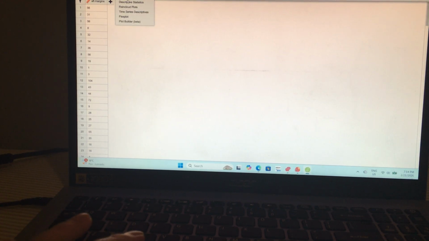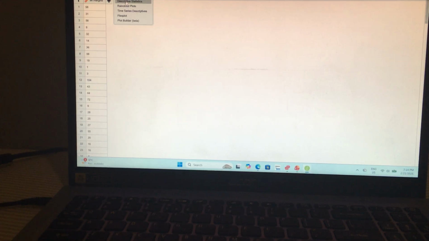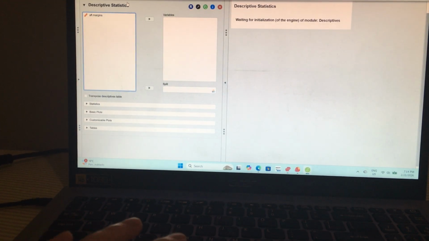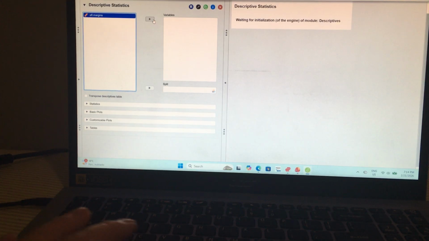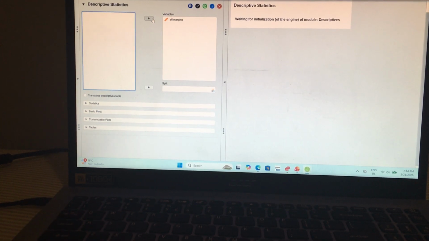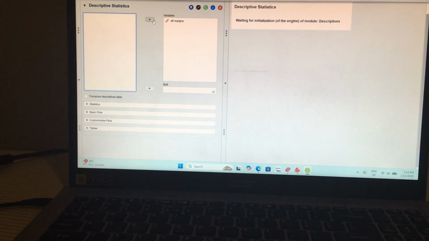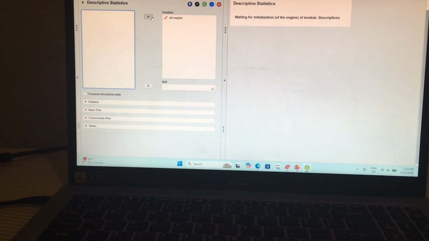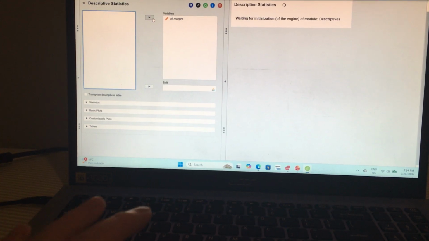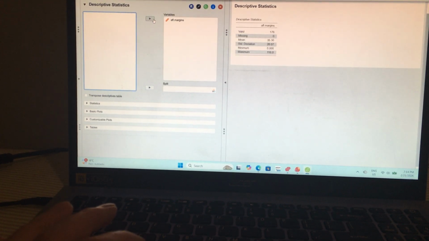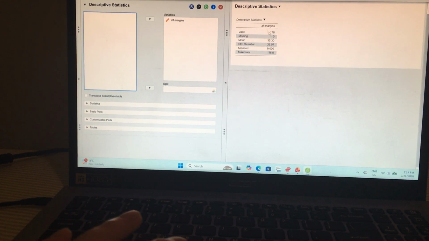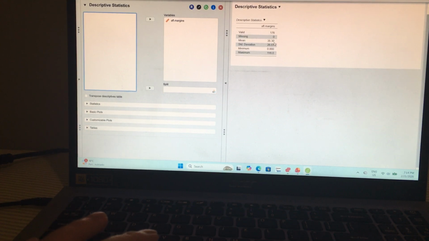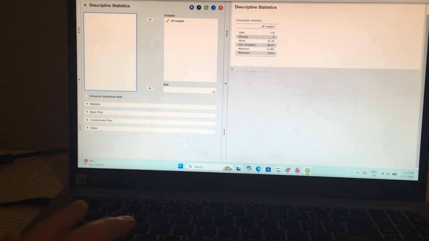We go under descriptives, open up descriptives, statistics, and move our margins data into the variables box. It took a little while because there are 176 values. The mean was 35.3, standard deviation 26.07, with a max of 116.